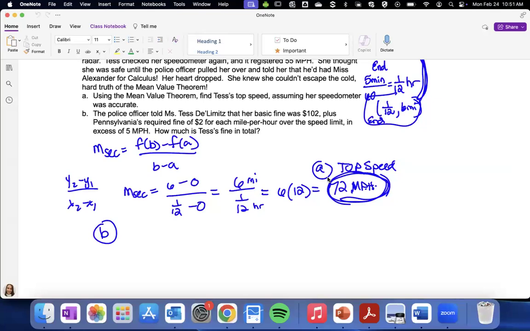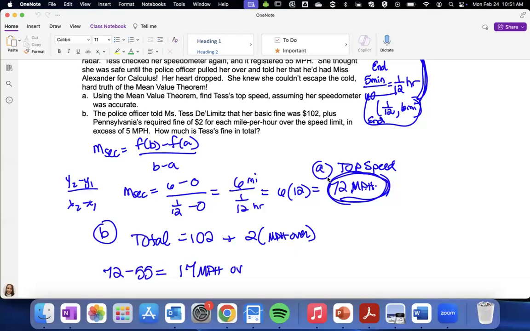So the total is going to be 102 plus $2 times the number of miles per hour over. Let's first calculate how many miles per hour she was over the speed limit. 72 minus 55 is 17 miles per hour over.